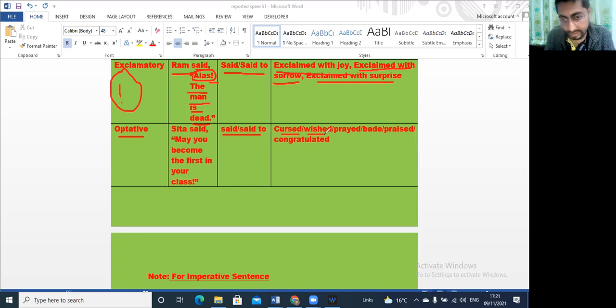Okay, I'm telling you an example of a statement with bade and praised. Now, statement with bade. Sita said, goodbye.